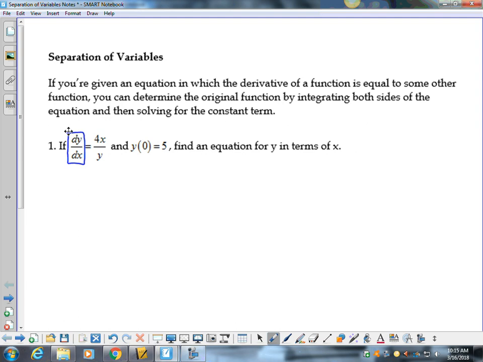So this equation has already been differentiated, the derivative has been taken. That's why these are called differential equations, and that's why it's called Diff-EQ. Because it's already a derivative, we're going to take the antiderivative.